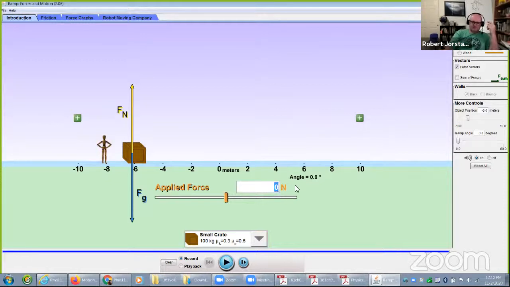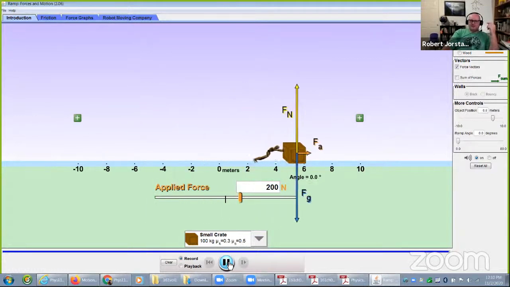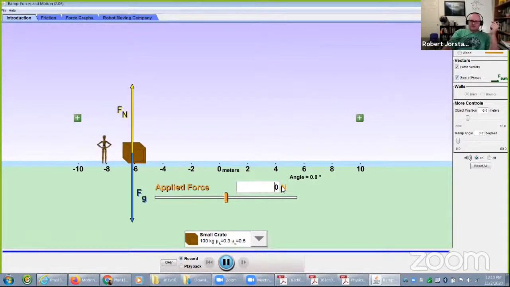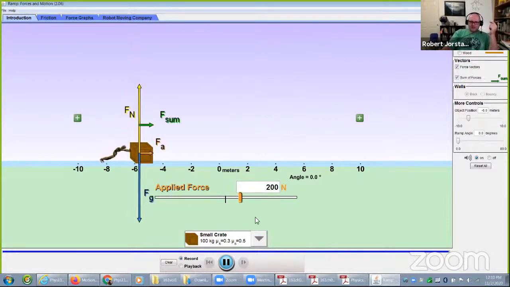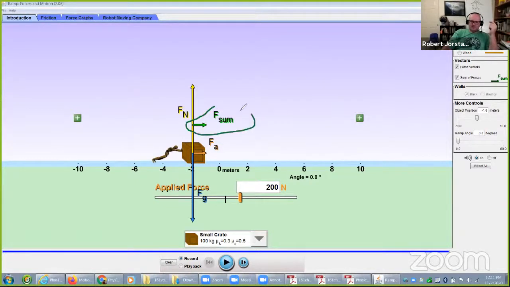Okay, and then if I hit play, we get this large acceleration now. Again, it's not moving with constant speed. So if you look at the sum of forces, let me hit pause here. The idea here, this green arrow shows you the sum of the forces, right? The normal force cancels out the force due to gravity. The applied force from the zombie ends up being the net.